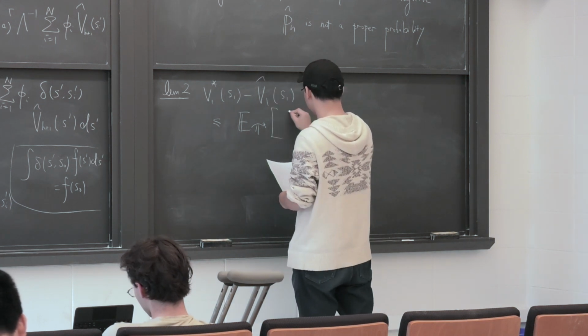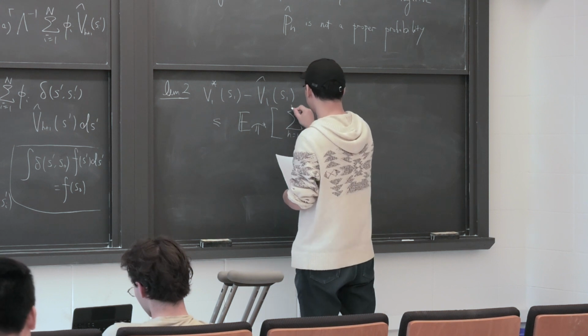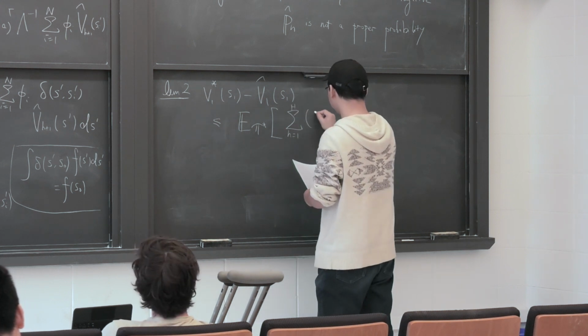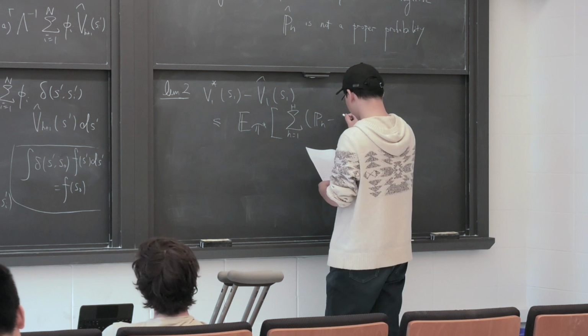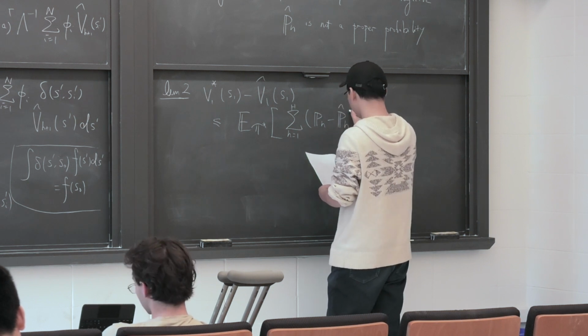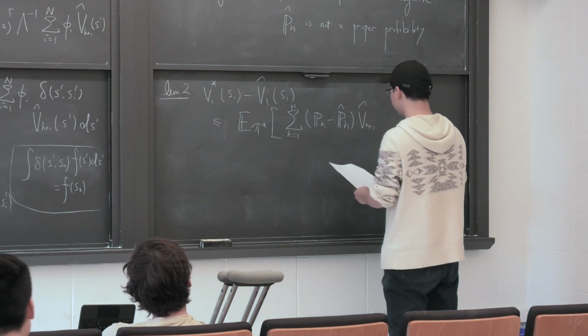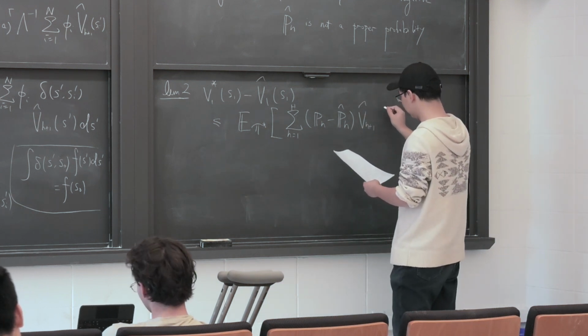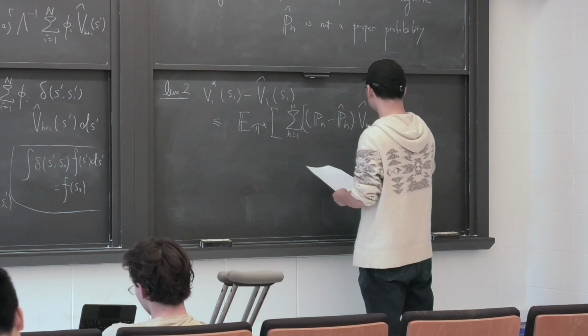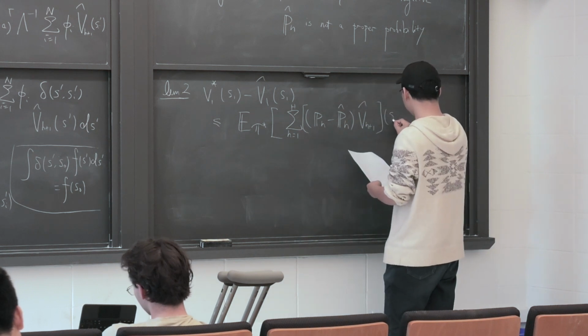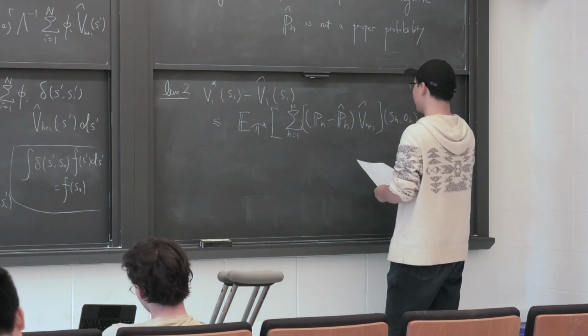We say this is equal to summation h from 1 to capital H, pH subtract pH hat, VH plus 1 hat, SHAH given S1.